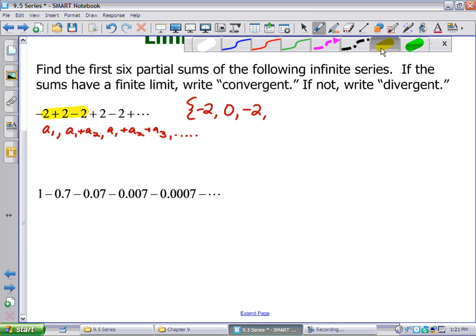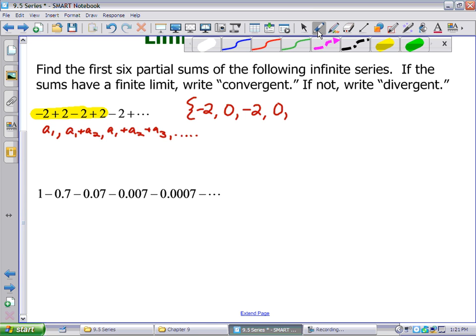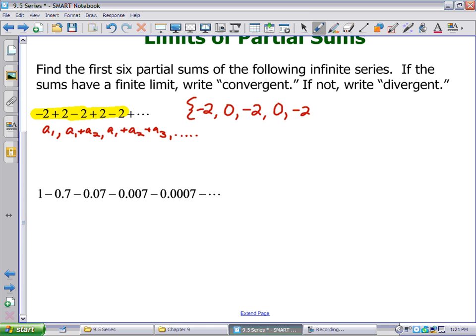So negative 2 plus 2 plus negative 2, I'm going to get a partial sum of negative 2. Then I'm going to take the sum of the first 4 terms. So negative 2 plus 2 plus negative 2 plus 2, and again I'm going to get 0. If I add the next term to that, which is a negative 2, you're going to see that I'm going to get negative 2.